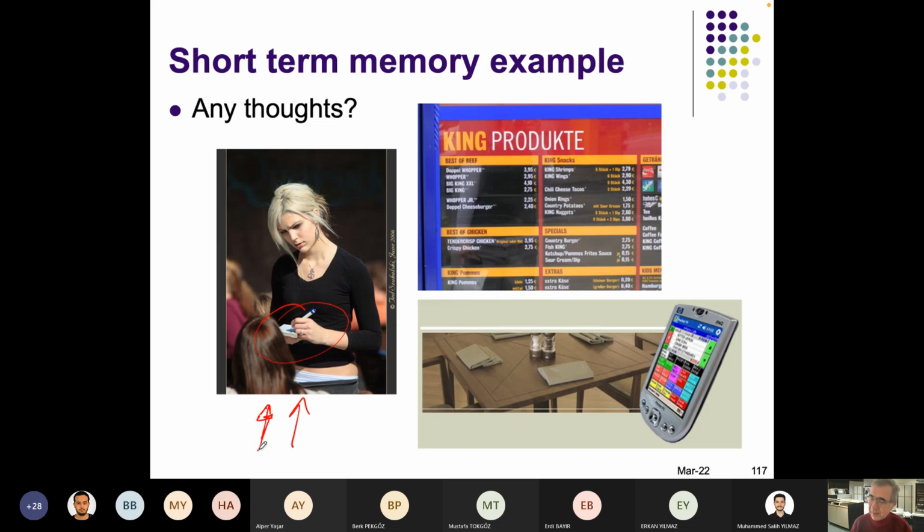So as she speaks the menu, you need to remember. Basically, the waiter asks for what to drink, what to eat, salads, desserts, separately.